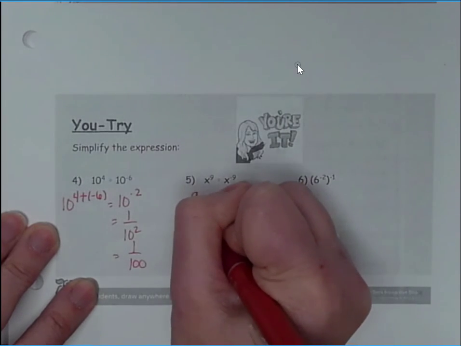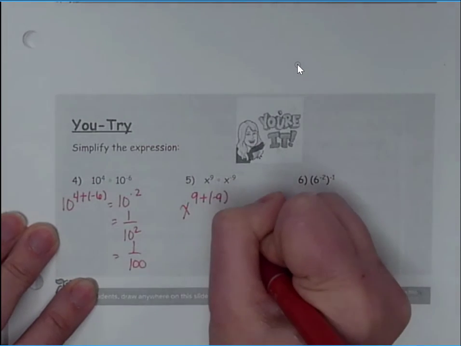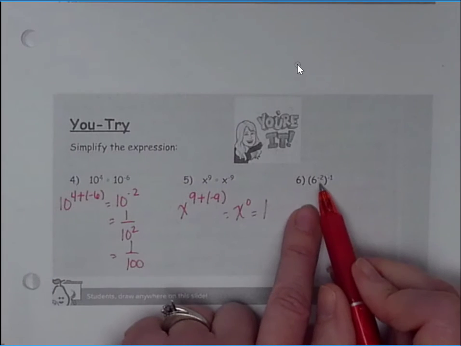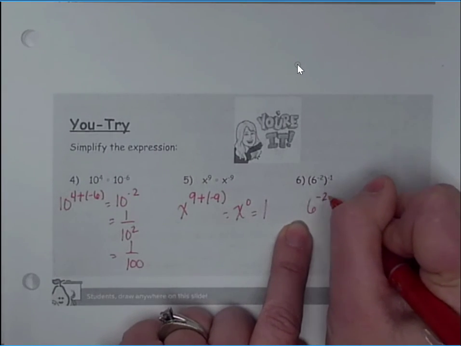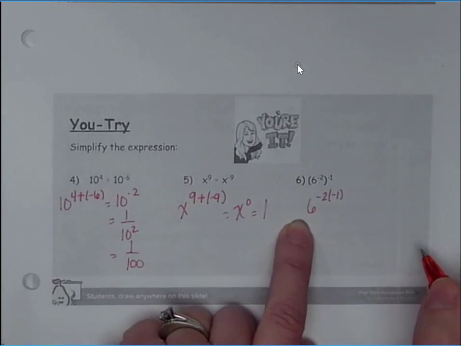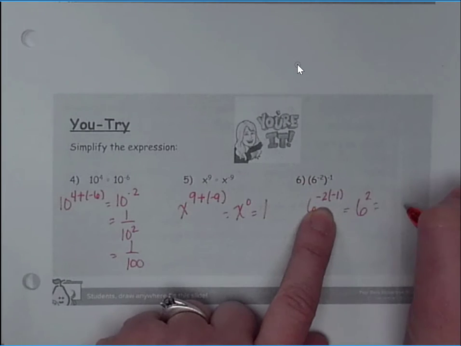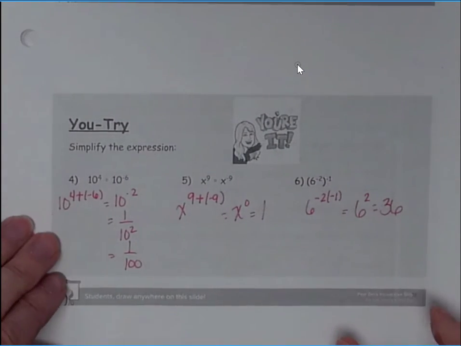So I have x to the 9th plus -9, which means I have x to the 0, which is 1. Now here, I'm going to multiply. So I have 6 to the -2, times -1, which gives me -2 times -1 is 2, which is 6 squared, which is 36.